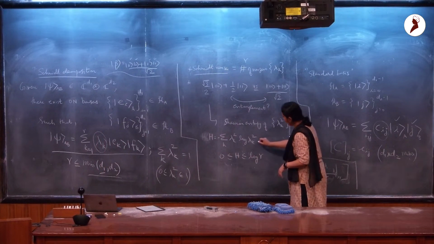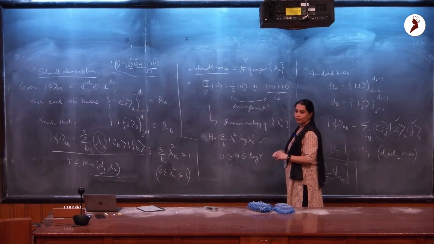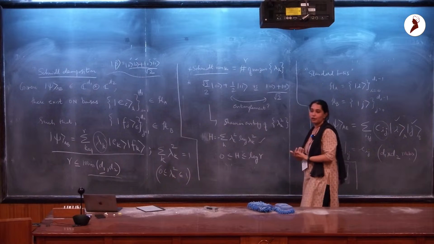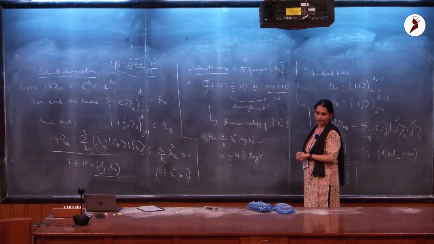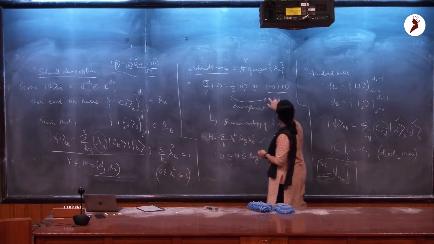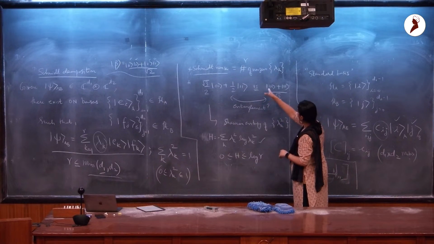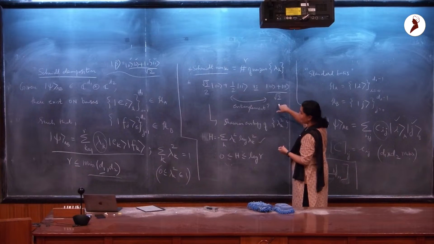Now, why is a higher entropy here a signature of greater degree of correlation between these two systems? So let me go back and look at this. I'm just trying to intuitively say this.